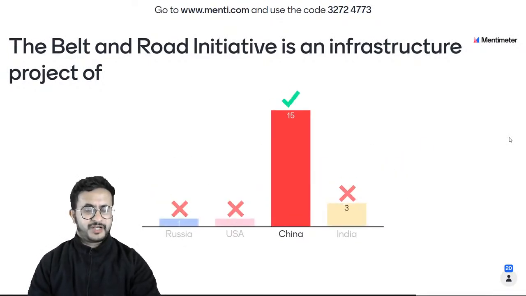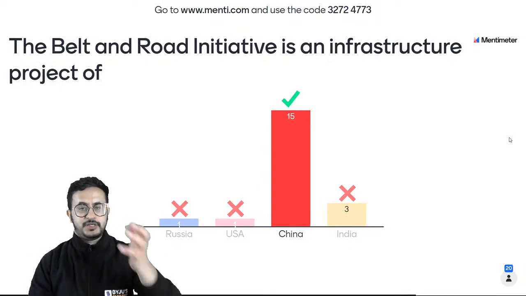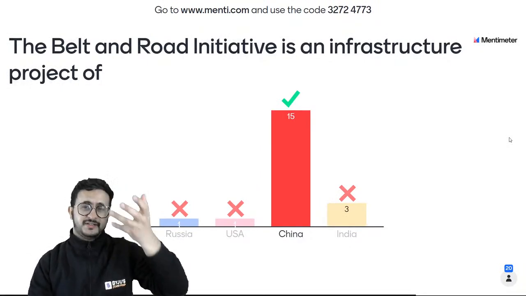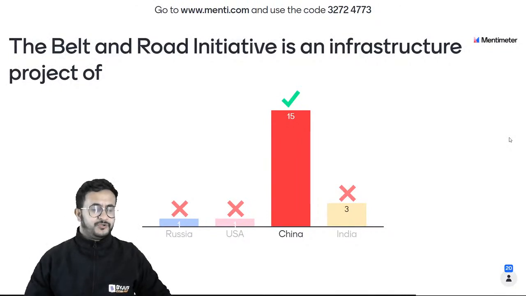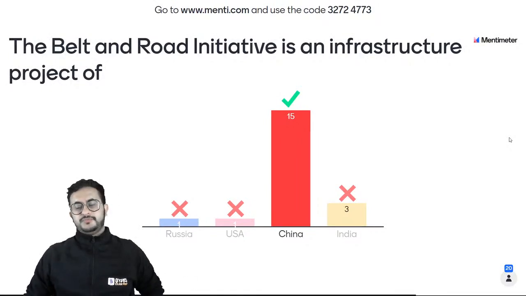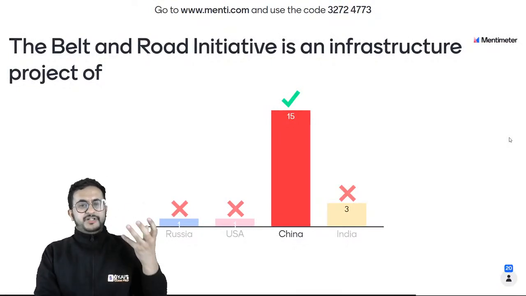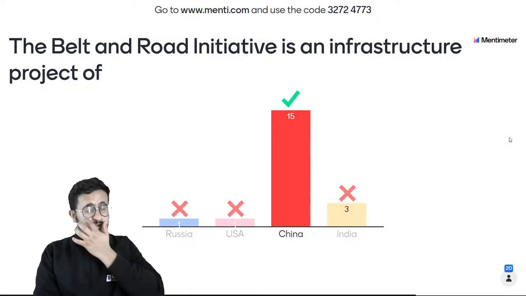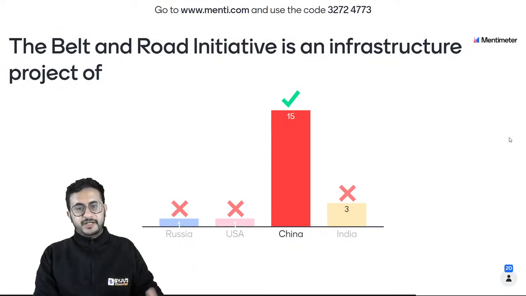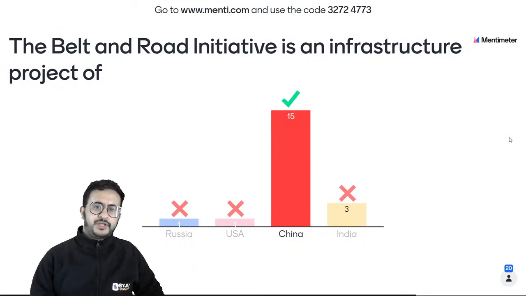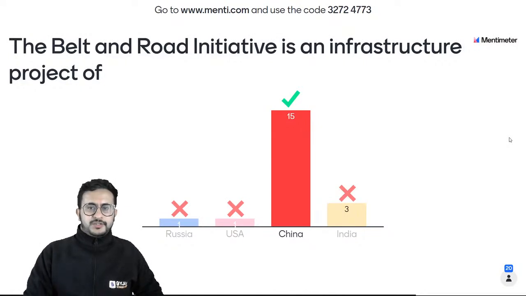Okay, yes, that is of China, right? It was earlier called One Belt One Road. Now it is known as Belt and Road Initiative. It is basically about connecting different countries by road for trade purposes, so that there can be very good trade infrastructure globally.